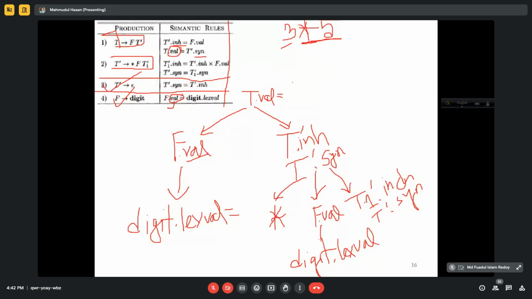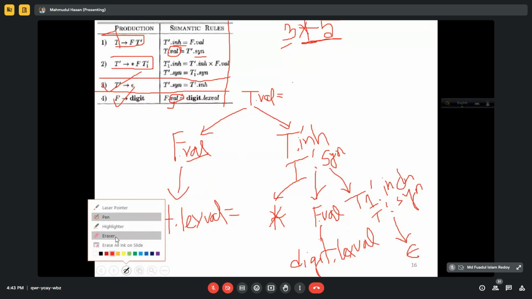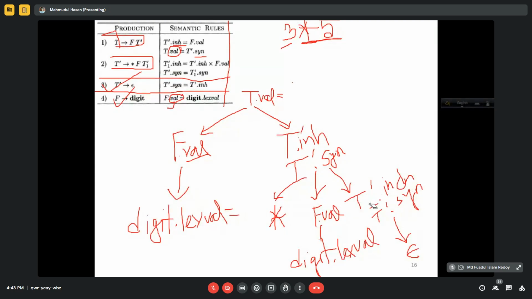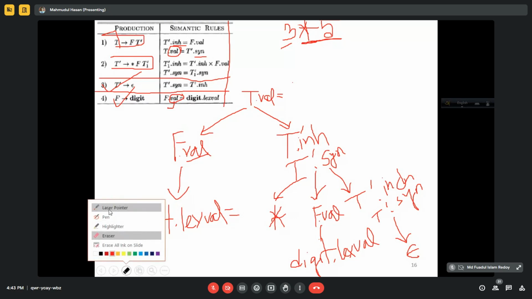That means this T1 dash to epsilon. Everyone got it? So any question till now?